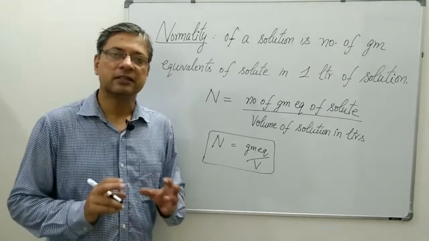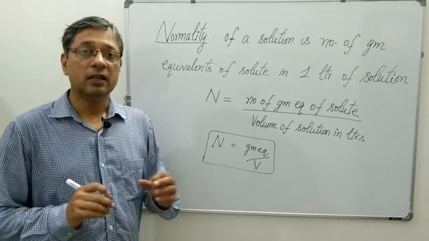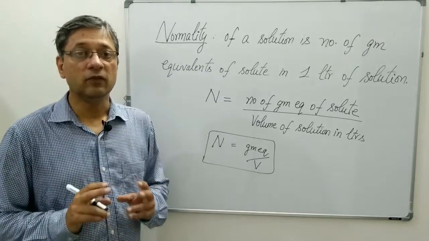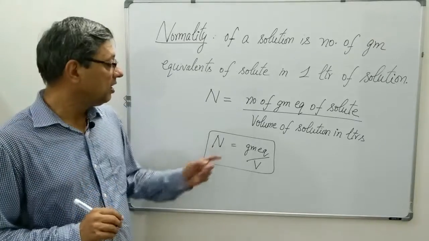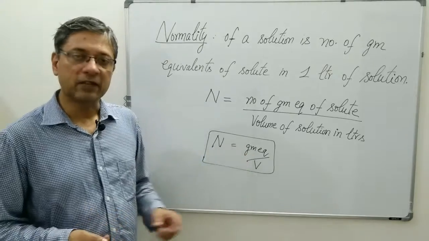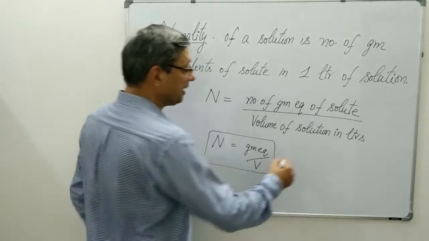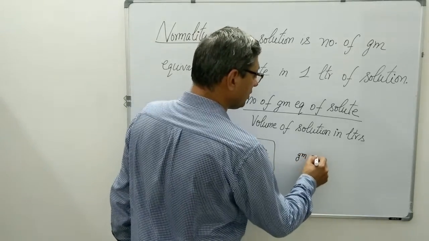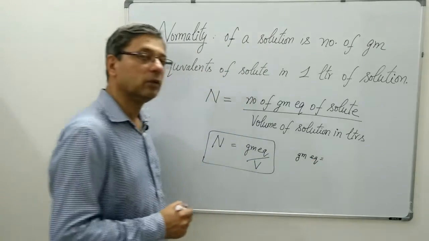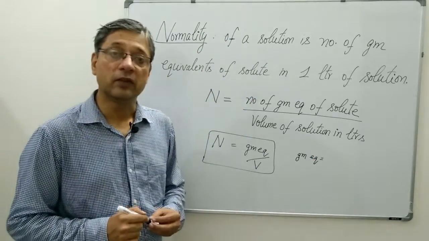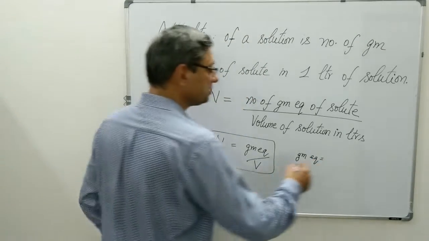Let us try some numericals on normality. In normality questions, we will be using 3 formulas. First is normality, gram equivalent upon volume. The next is the gram equivalent formula, which we know is given mass upon equivalent mass.